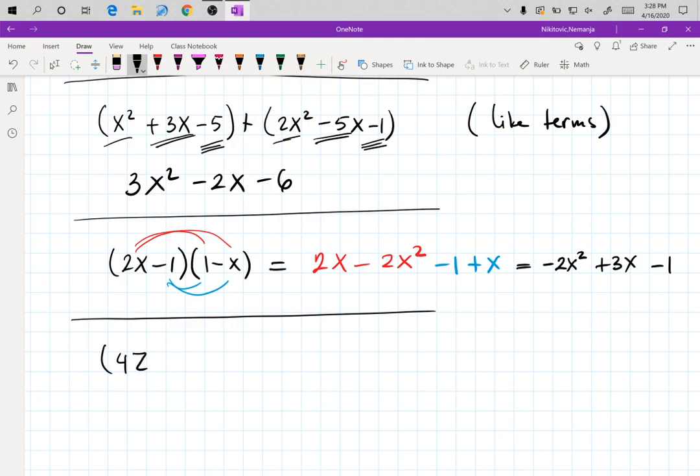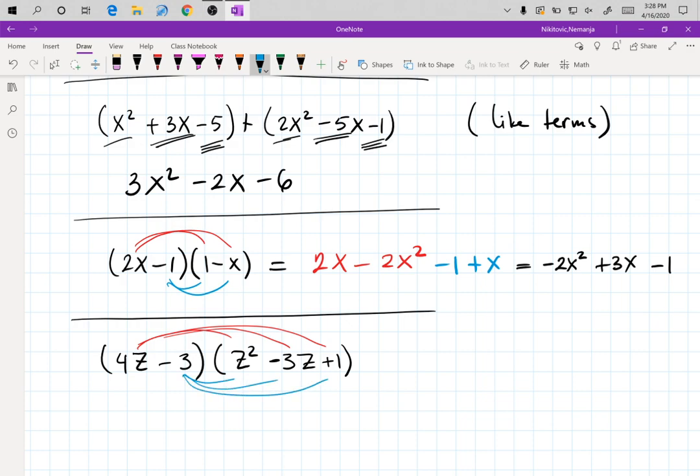So that was that. We can also have more than 2, and you still follow the same idea. So 4z, cross your z's so you don't confuse them with 2's. 4z minus 3, z squared minus 3z plus 1. And we again have 3 red now and 3 blue. We have the same rule where the first goes into all 3 and then the second goes into all 3.